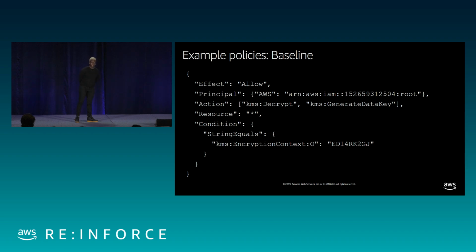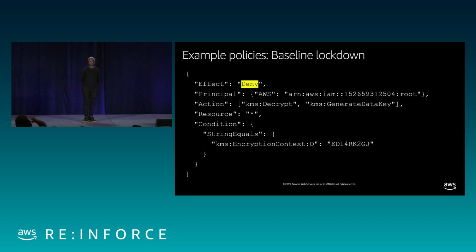The action, and again, we want to make sure this is scoped to exactly what you want Slack to do, is the decrypt action and the generate data key action. And then the condition there is really important because this is where we call out that the organization scope needs to be present in order to allow access to these particular actions. So if for some reason Slack sent a request that didn't have that organization scope in it, it would be a deny, and they wouldn't be able to do anything.